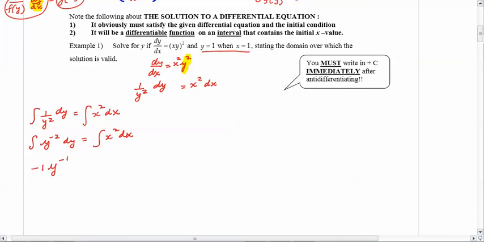The coefficient is going to have to be negative 1, so that when I check my guess, I'll get my y to the negative 2 after differentiating. Plus a c is equal to anti-differentiate. On the right-hand side, it's 1/3 x cubed plus a c. And I've got a c on both sides, and they're not necessarily the same c, so I label one c sub 1 and the other c sub 2.